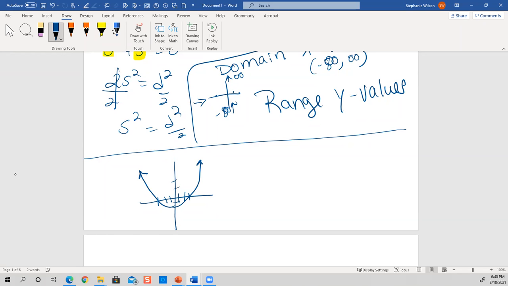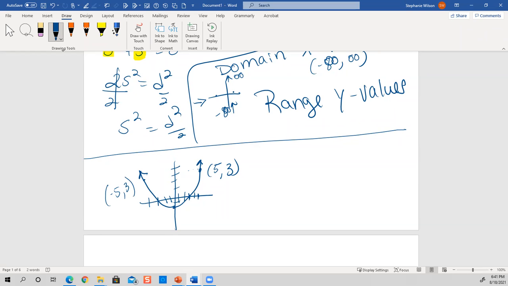I'm trying to be pretty creative. So that's going to be 3, 5. Oops, that's going to be 5, 3. So we got 1, 2, 3, 4, 5, up 3. And let's do, so this should be about the same.